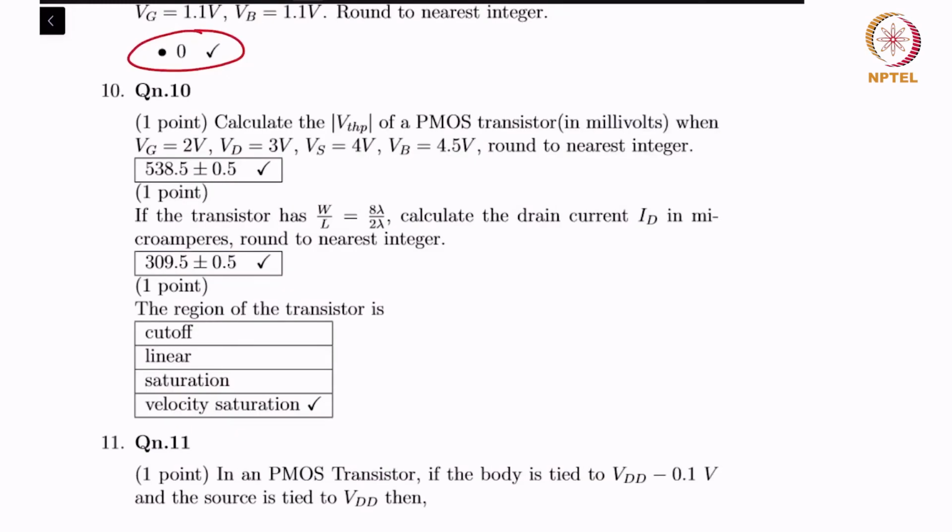The 10th question is just an expanded version of questions 6 to 9, where you've not just been asked to find the drain current, but also the threshold voltage.